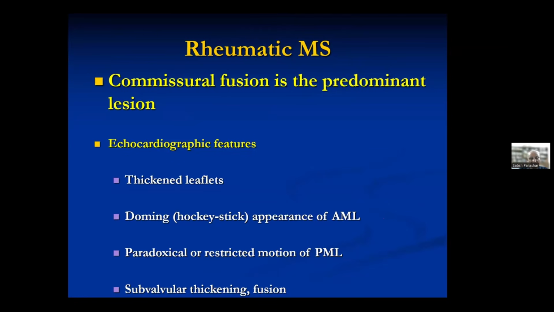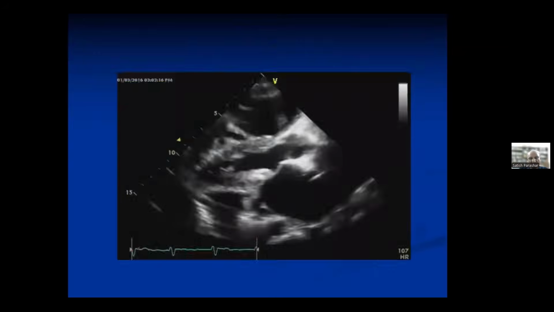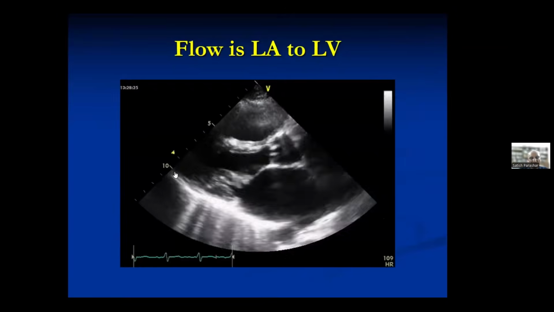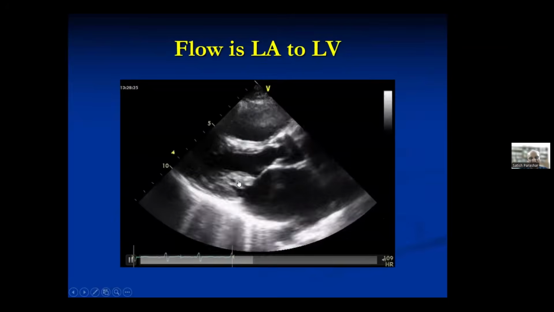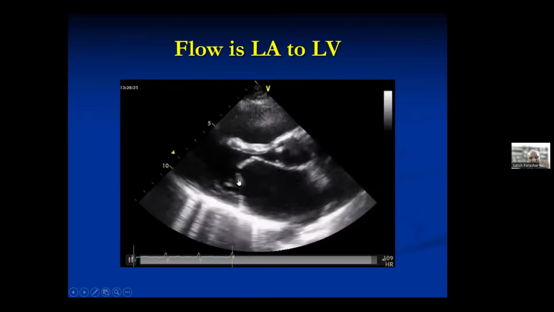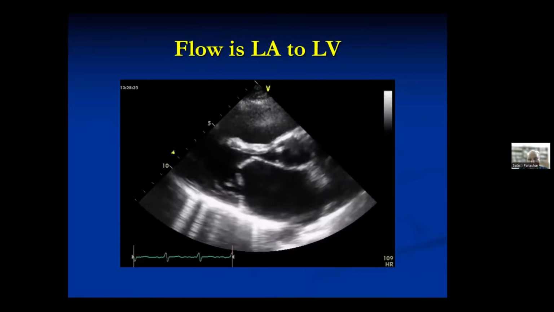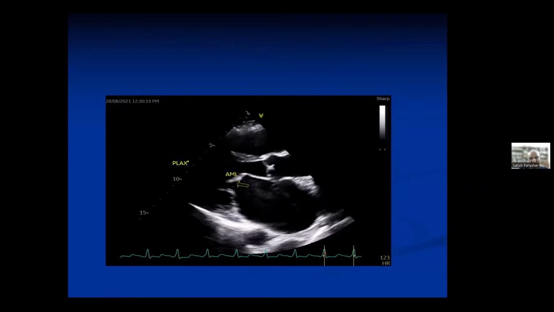It can undergo a paradoxical motion because of the fusion of the leaflets. For example, here you can see the posterior leaflet is going toward the anterior leaflet. The posterior should move posterior, anterior should move anterior. Again, you see the posterior leaflet moving toward the anterior leaflet, when in a normal case the anterior should move anterior and posterior should move posterior.